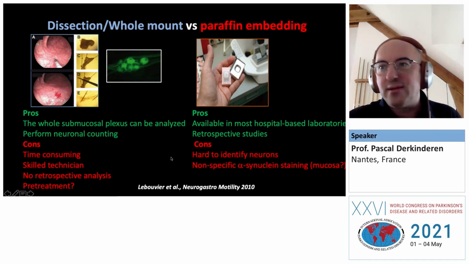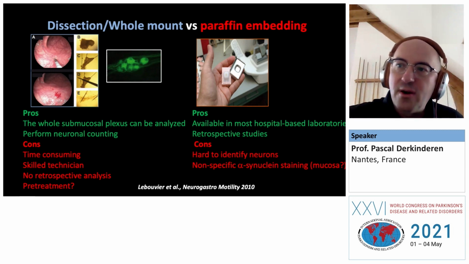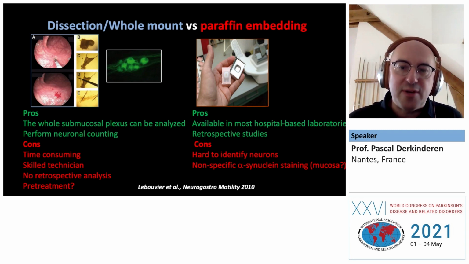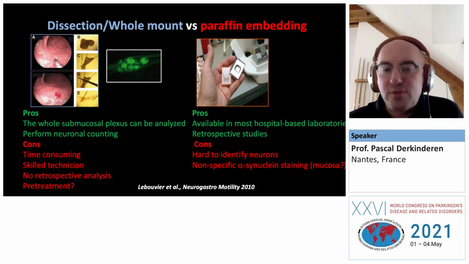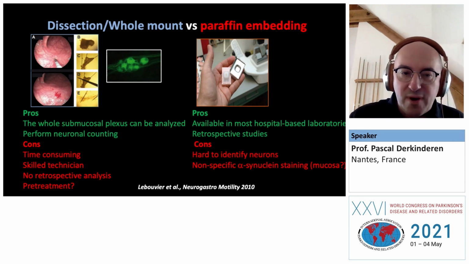In this regard, it might be easier and maybe more relevant to use formalin-fixed paraffin-embedded biopsies, which are available in most hospital-based laboratories. And as you know, these sorts of biopsies allow retrospective analysis.